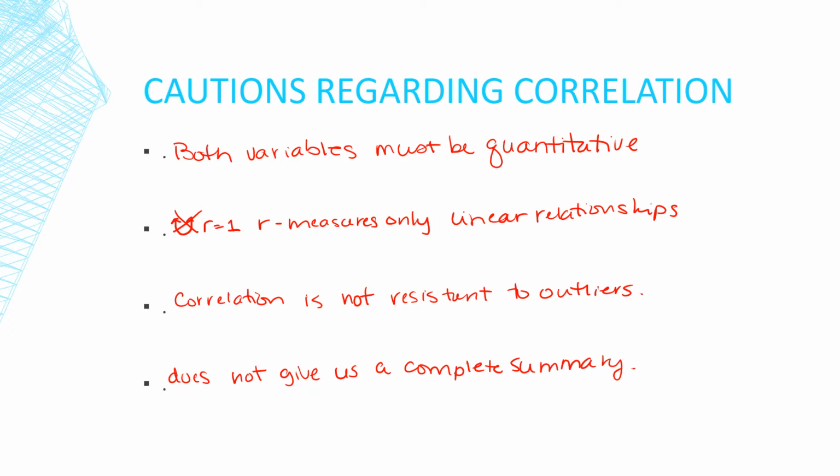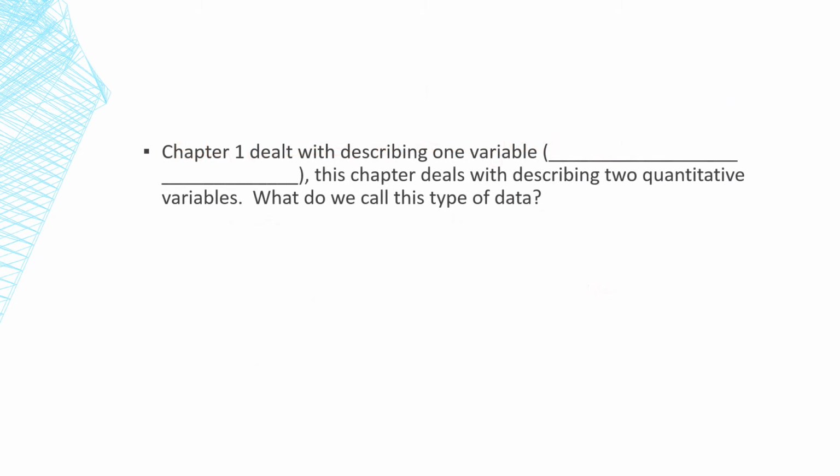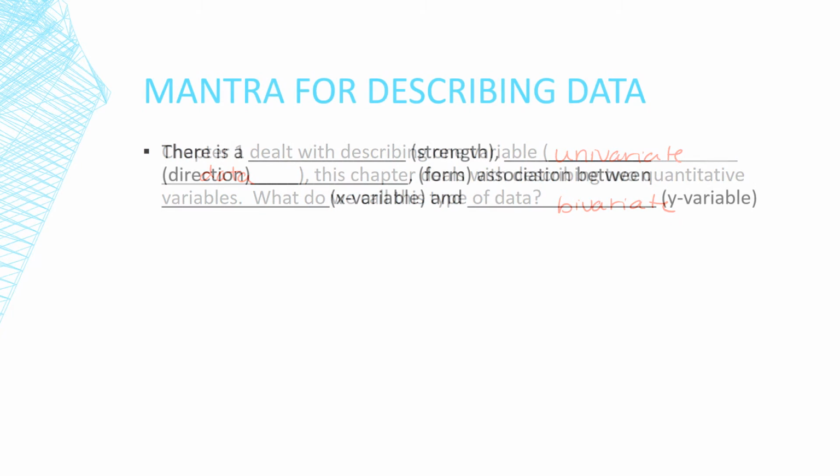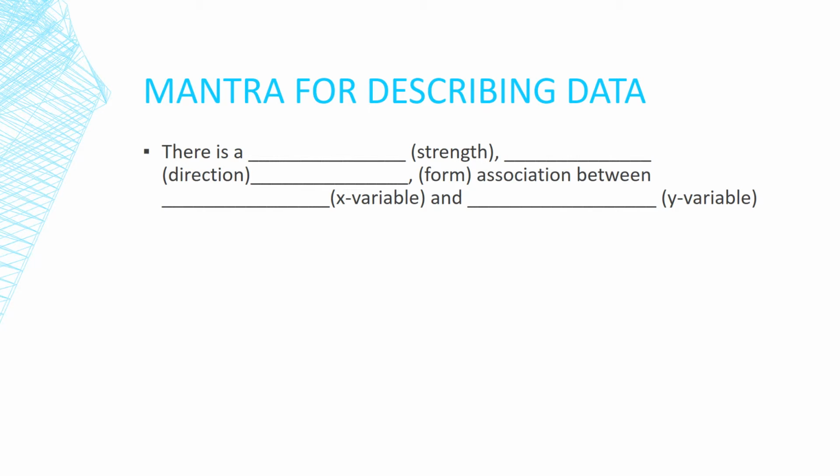All right, and then chapter 1 dealt with one variable, which data is what goes in those blanks. This chapter deals with describing two quantitative variables, and we call this bivariate data. So this is the mantra for describing data.